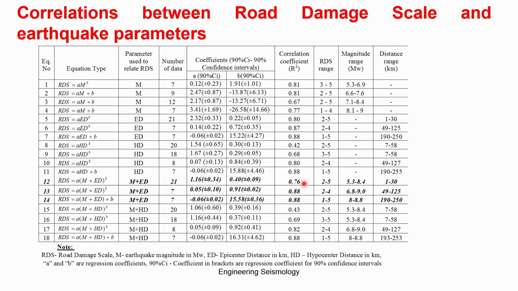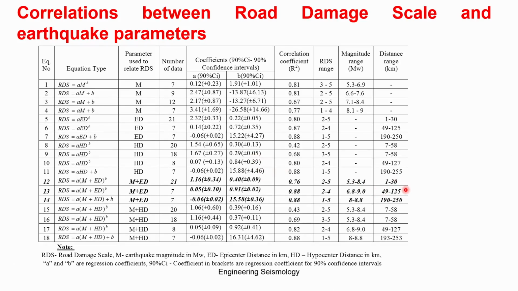You can see the R square value, the range of damage you expect, the magnitude range and the distance range. The only thing is that these combinations work for different segments of distance, so you should use different formula coefficients, which are given. It is not valid throughout the distance.